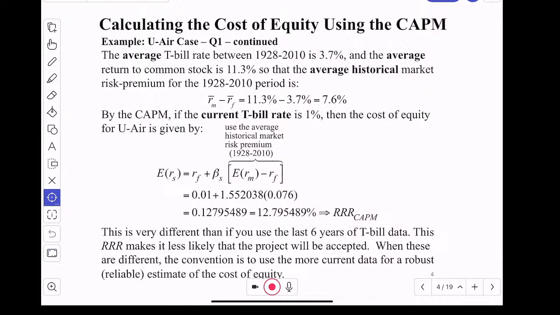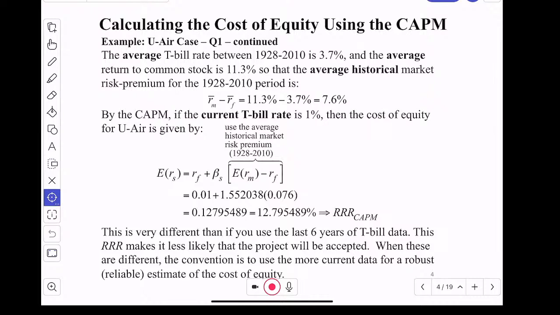Since this is very different than if you use those prior 6 years, this required rate of return will make it much less likely that you accept projects.